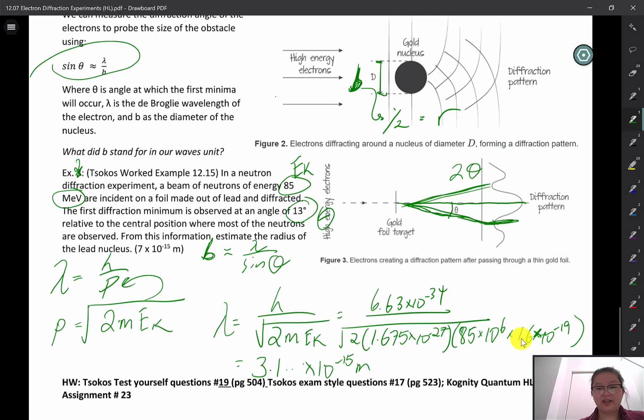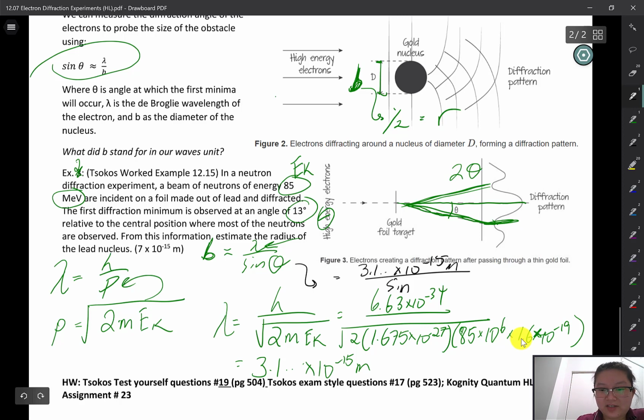This wavelength I am going to use in here, and this is the next step. This is going to be 3.1 times 10 to the negative 15, which I'm going to save in my calculator, over sine of 13. This is going to give us 1.38 times 10 to the power of negative 14 meters.